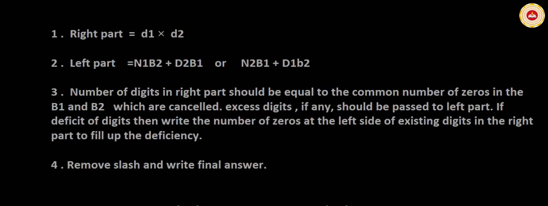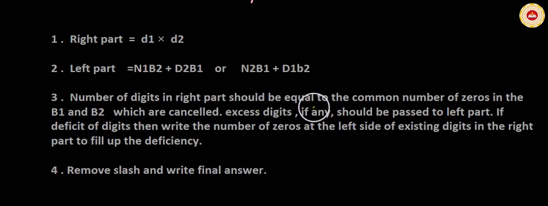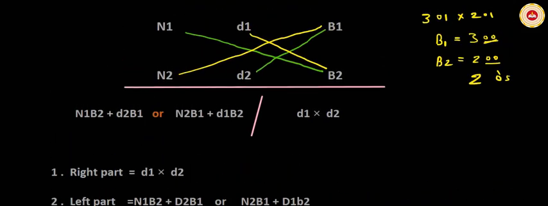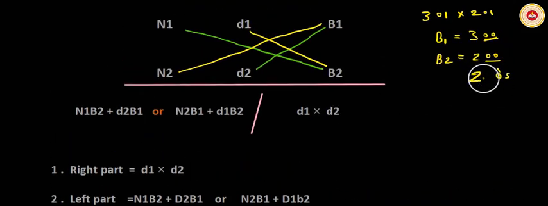The number of digits in the right part should be equal to the common number of zeros in b1 and b2 which are cancelled. Excess digits, if any, should be passed to the left part. If there is a deficit of digits, then write zeros at the left side of the existing digits in the right part to fill up the deficiency.